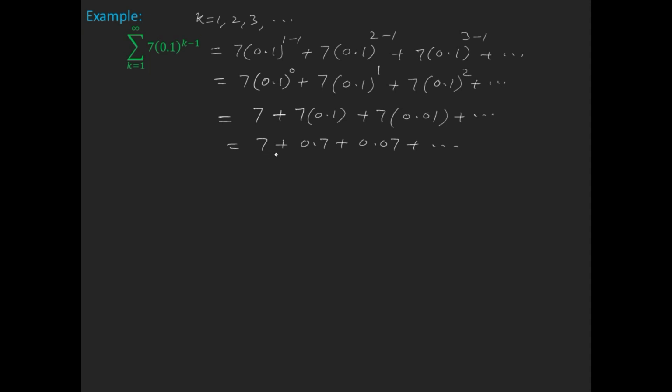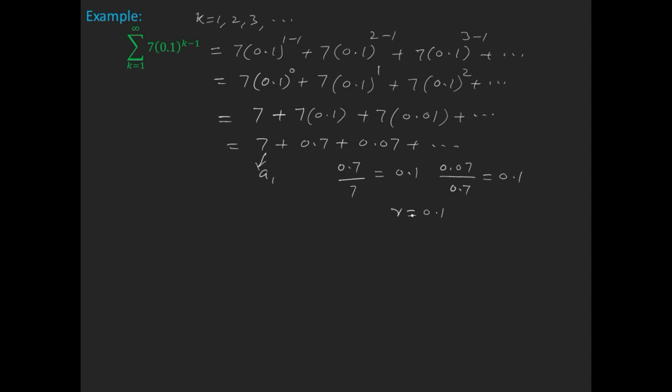If you are given this series, which I have obtained from the sigma notation, the first term is 7 and r is obtained by dividing the second term by the first term, which is 0.1, and then the third term divided by the second term, which is also 0.1. So r is 0.1.